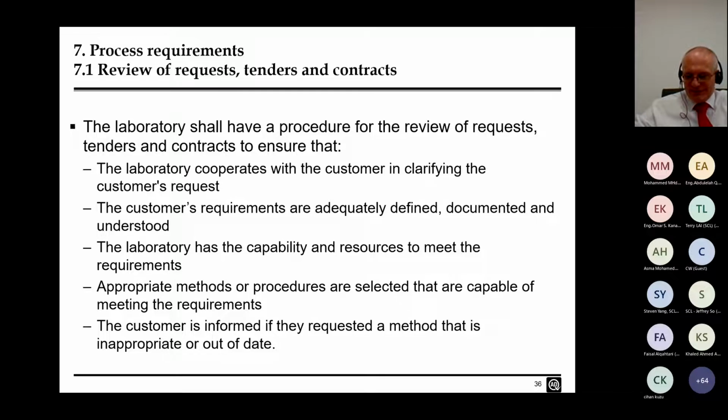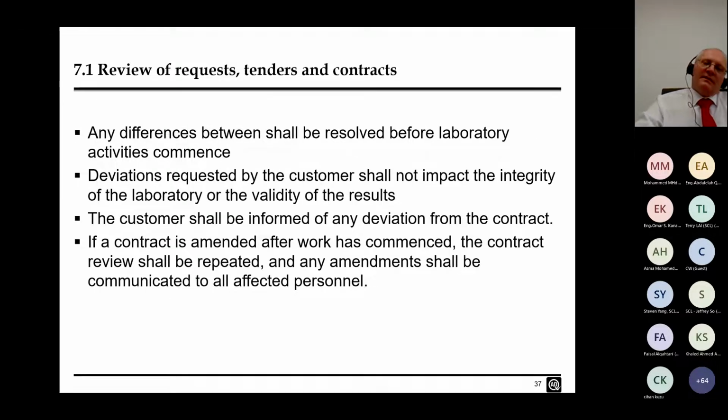At the moment, we're not saying we won't do it, but we have to inform them if it's out of date. Then you have to resolve any differences before laboratory activities commence. If you accept any deviations from the customer, it shall not impact the integrity of the laboratory or the validity of the results. So you should only do things that are proper to be done. Maybe your customer needs you to do a calibration against an old version of a standard. Maybe they have some old equipment that requires some specific parts that are in that standard and not in a later version.